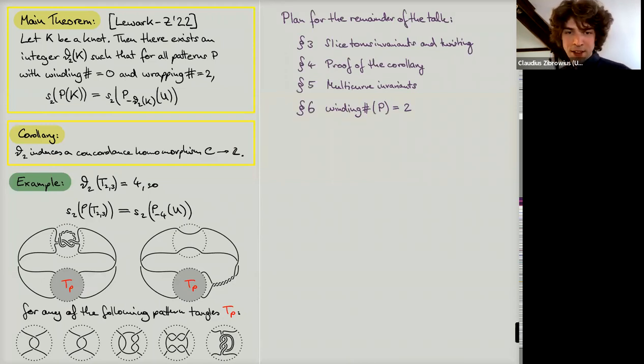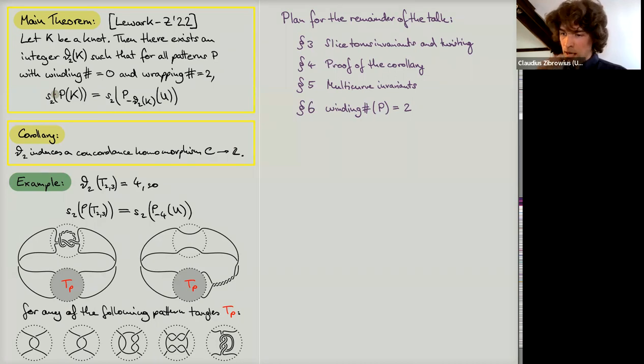So the plan for the rest of my talk is the following. First, I want to explain what the effect of twisting is on the Rasmussen invariant. So what effect does this theta have on the Rasmussen invariant? Then I want to prove this corollary, how knowing this equality for all patterns implies that the theta invariant is a concordance homomorphism.